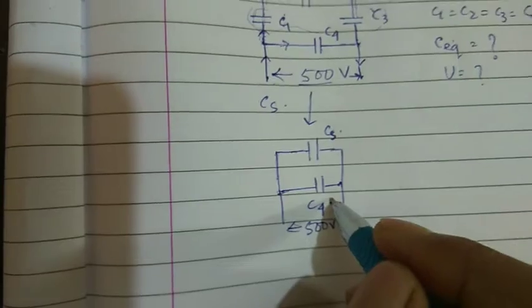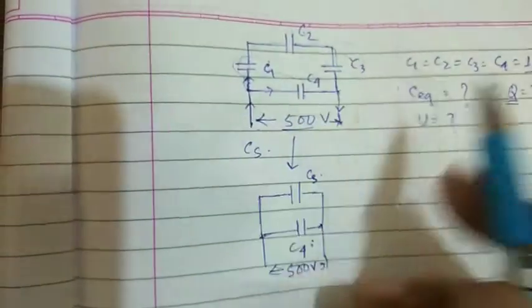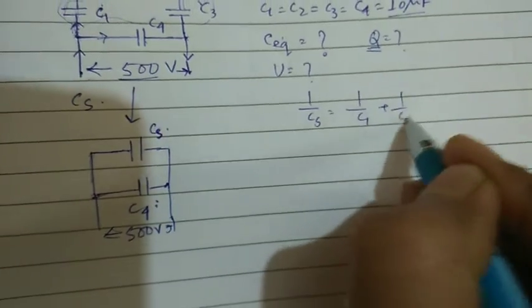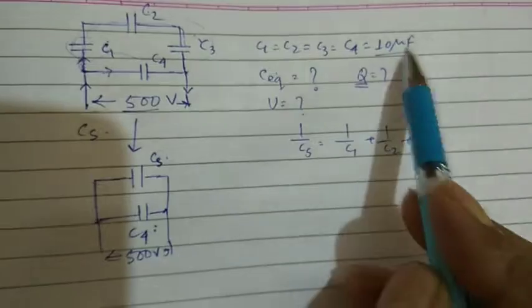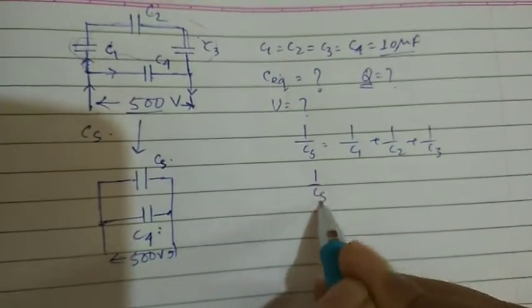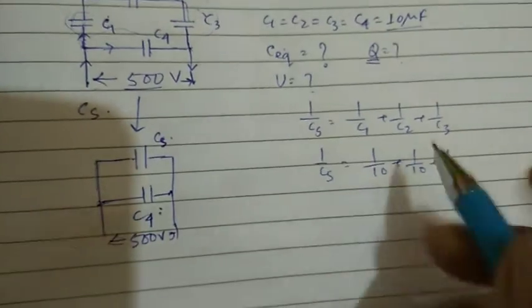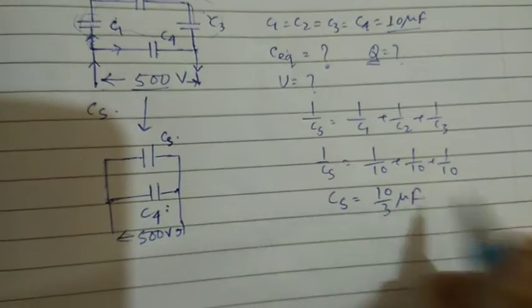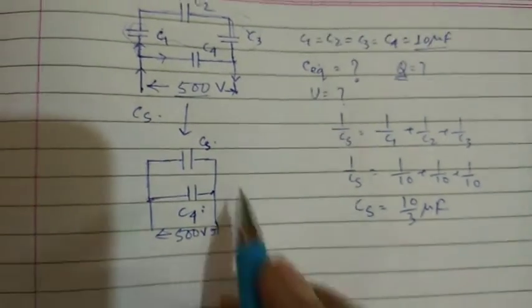So let us first find out CS. Since C1, C2 and C3 are in series combination, we can write 1 by CS equals 1 by C1 plus 1 by C2 plus 1 by C3. They all have 10 microfarad value, so 1 by CS equals 1 by 10 plus 1 by 10 plus 1 by 10. Calculating, we get 10 by 3 microfarad. So CS is 10 by 3 microfarad and C4 is 10 microfarad.